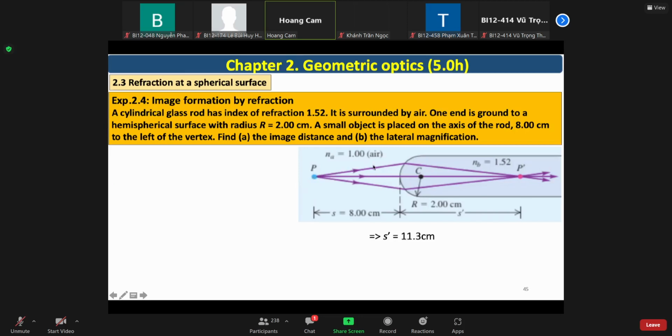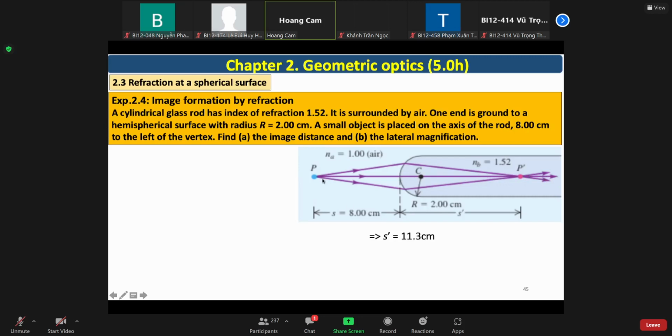So we draw the incident rays from the object P. One is a special case, incident through the center of curvature, so it refracts in the same direction.